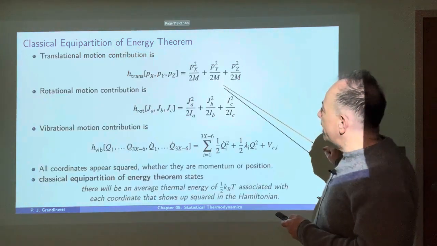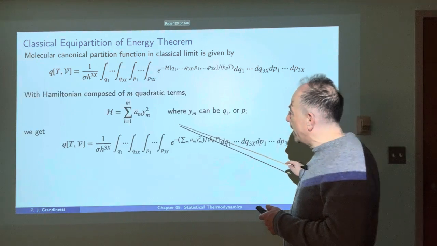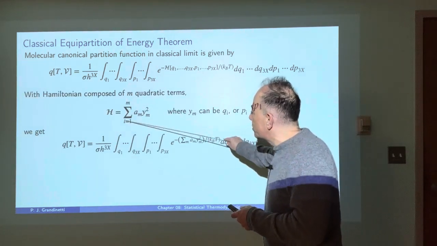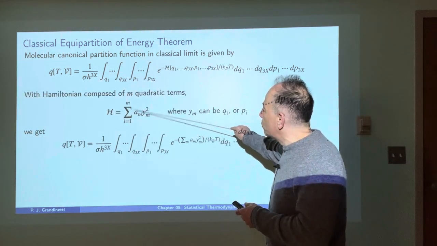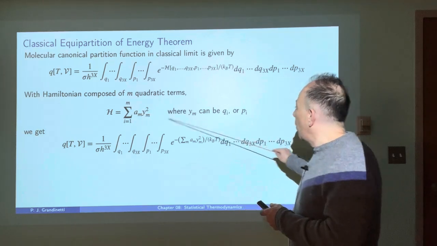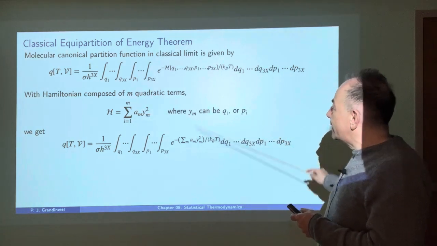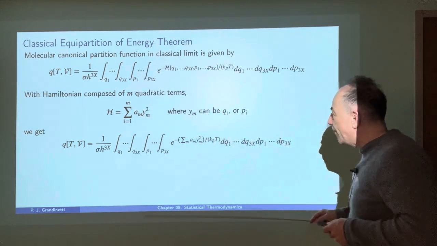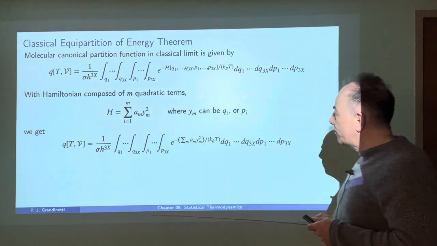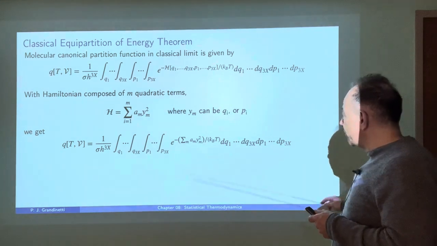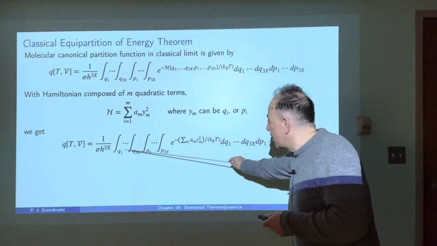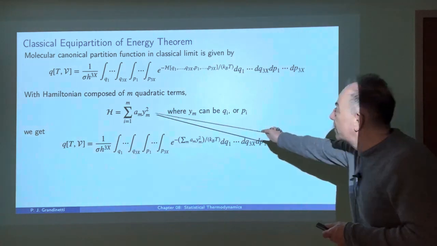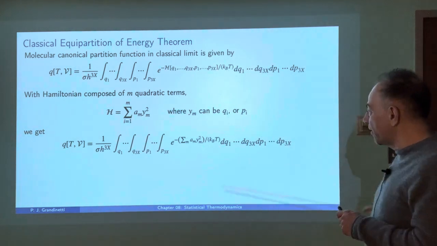Remember, we have all these contributions here, but we'll just write it generically like this. So some sum of i equals 1 to m, where x can be some coordinate that gets squared with some multiplier here, which can be generic now. And if we plug that into our expression for the partition function, then you see it looks like this. So I haven't done anything except just plug this into here in this generic form.